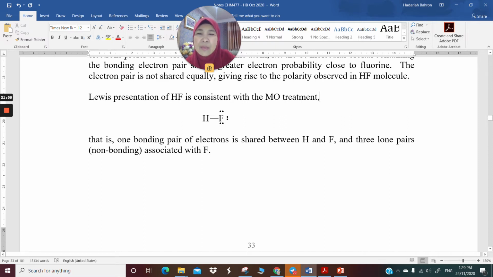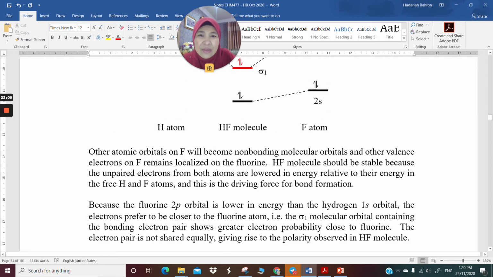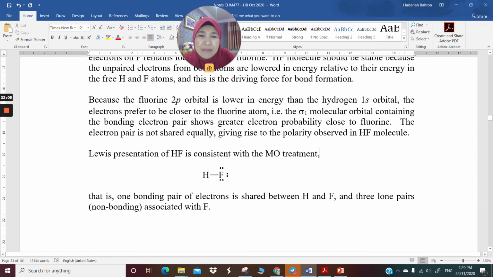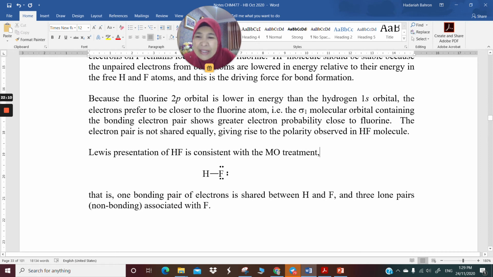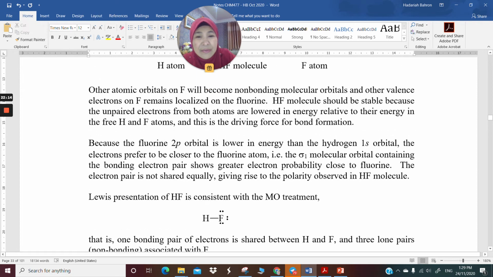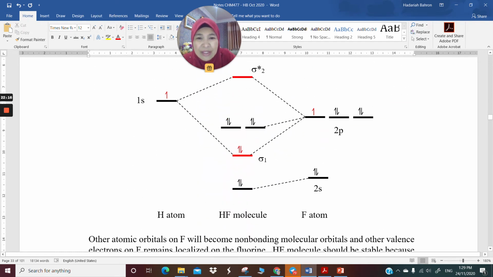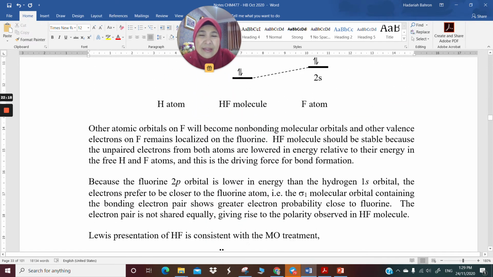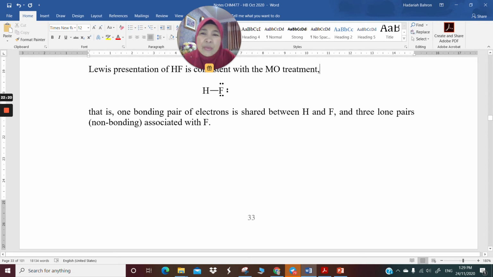That is, one bonding pair of electrons is shared between the H and F, the electrons drawn in red here. And three lone pairs of electrons, or non-bonding electrons, are associated with fluorine: one pair, two pairs, and three pairs. The three non-bonding lone pairs actually belong to the fluorine.